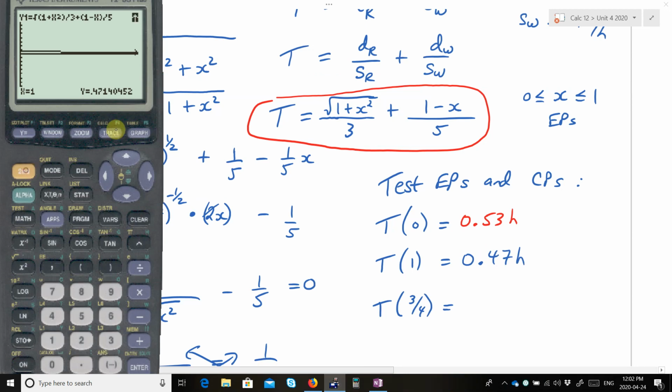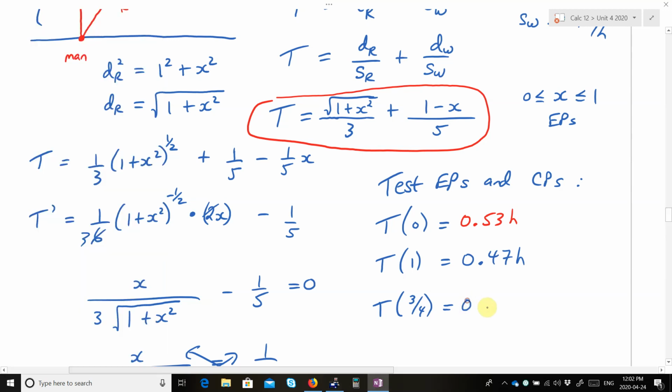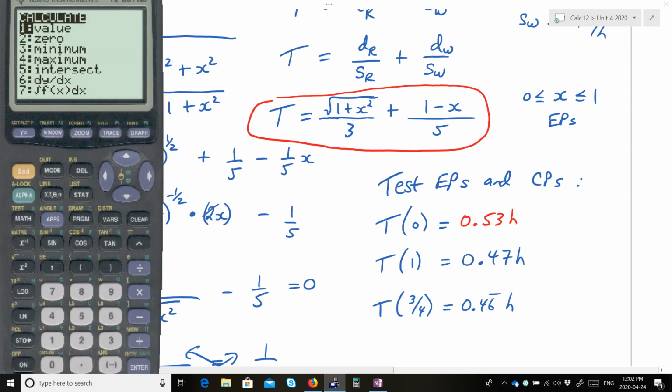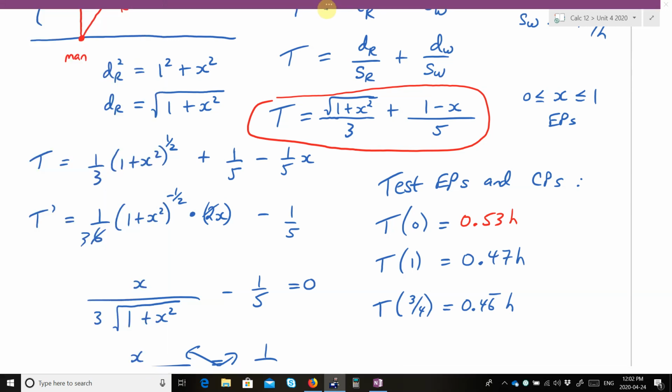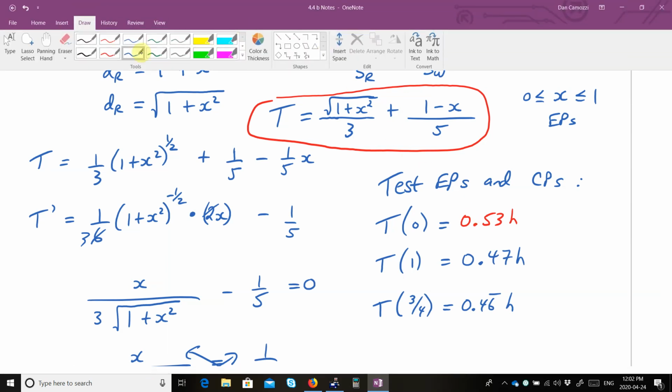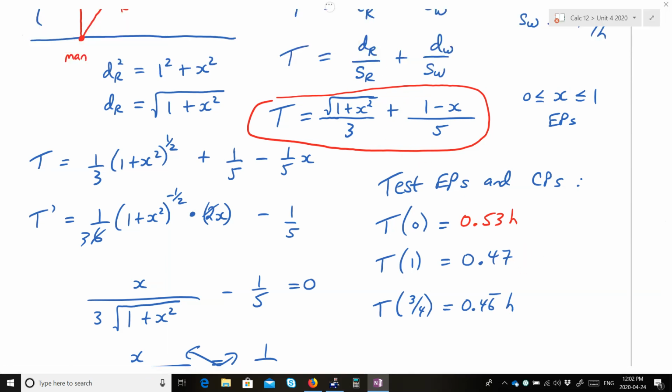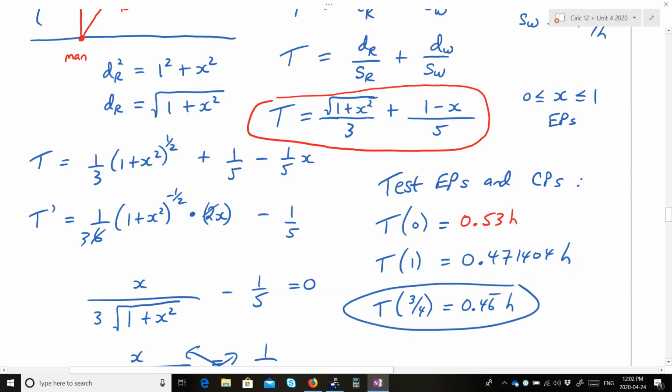And is it our critical point that gives us the lowest time? 3 over 4. We get a time of 0.46, repeating, it looks like. Let's check out that 1 again, 0.471404. Okay, so it's close between those two, but this one is the lower time.